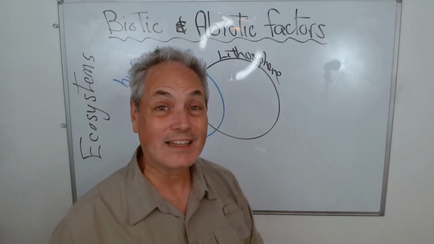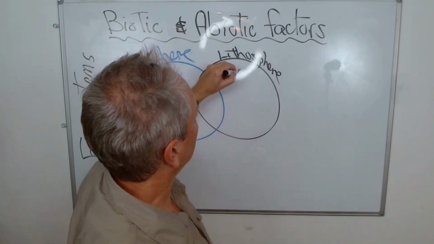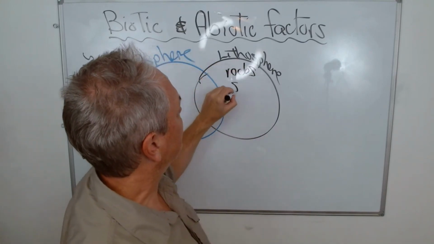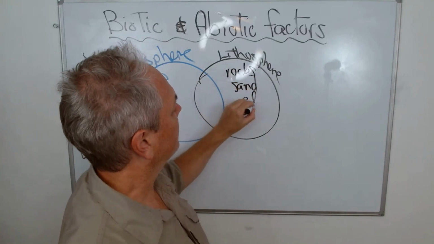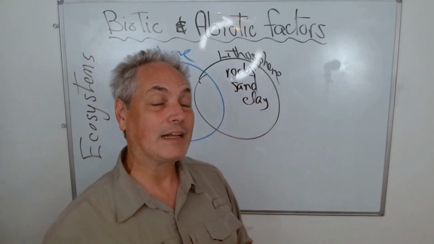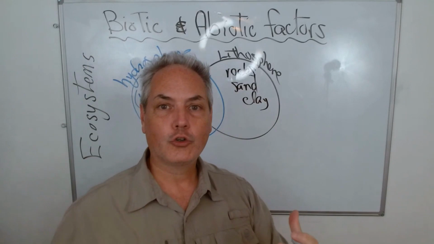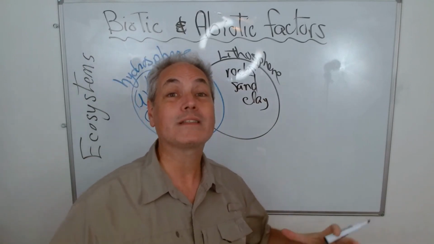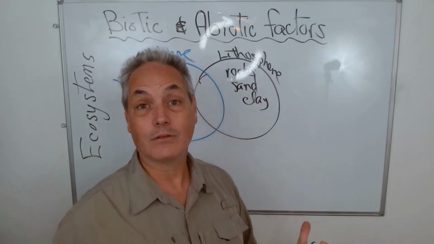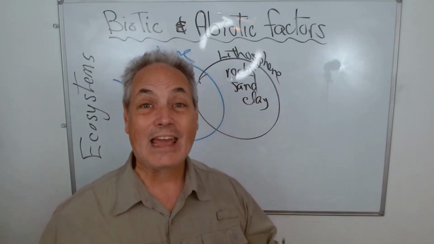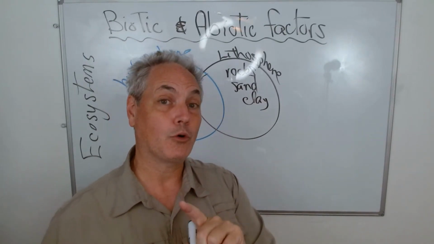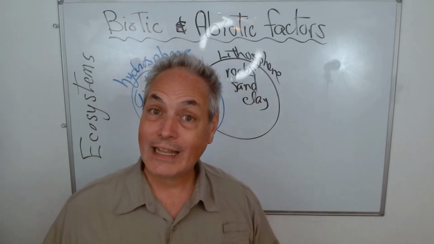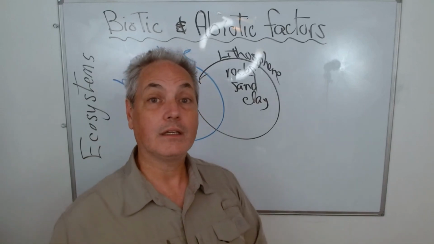We mentioned the sand earlier. So the rocks, we have sand. We also have clay, but in the dirt, in the soil, we also have minerals. So the minerals absorbed by the plants and the biosphere, it is very important to support life, but it is non-living, and therefore it's part of the lithosphere.